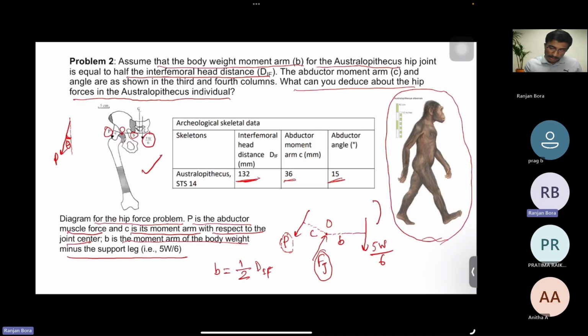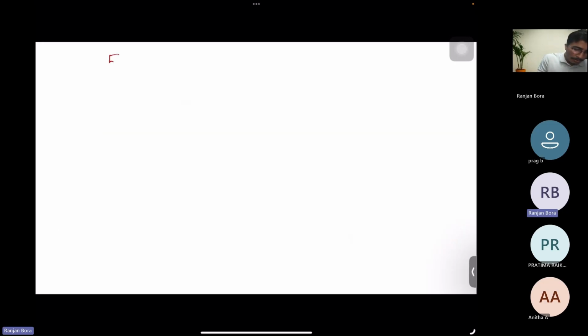I will take clockwise as positive. This 5W/6 produces a moment with respect to O in the clockwise direction, so it will be positive. First I need to write the summation of moment about O is 0, since it is in equilibrium.